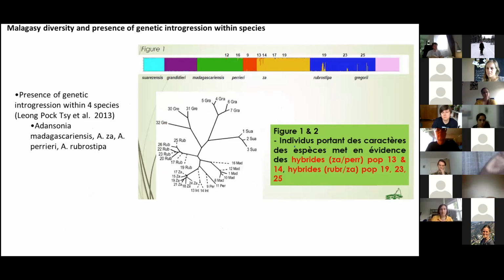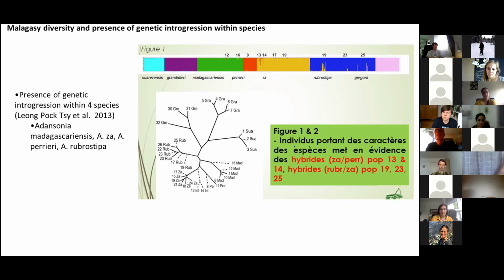I'm not sure how to read this result, but I think you can discuss it better. I can say that in this paper, he said that within the 4 species of Madagascar there is a mix of species, and somewhere in Madagascar there are some populations with genetic introgression.